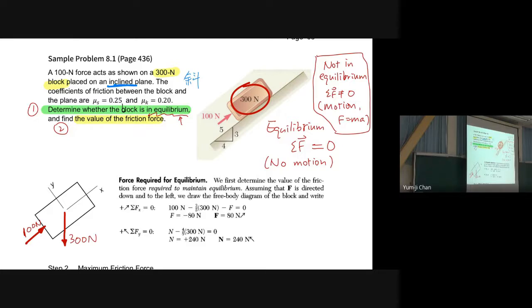So before we do the mathematics, we first draw the free body diagram. We have 100 Newtons pushing up, and 300 Newtons going down. What else do we know?